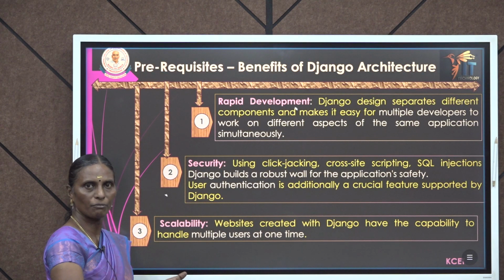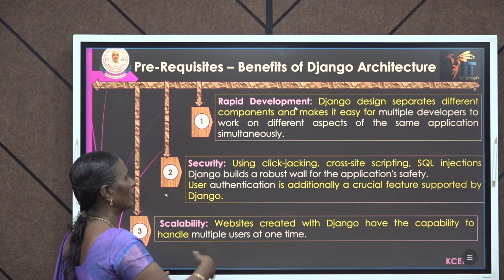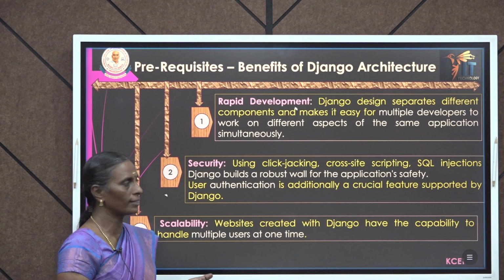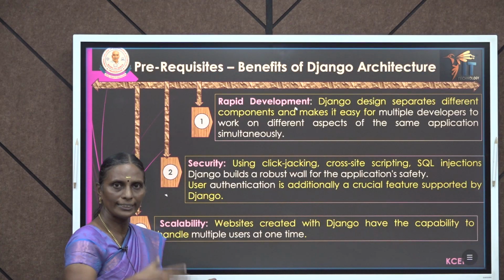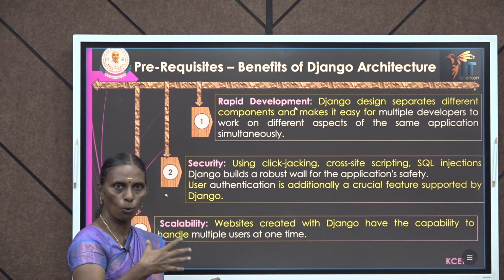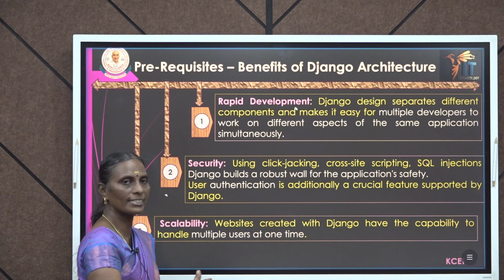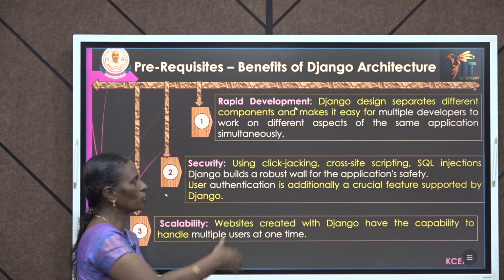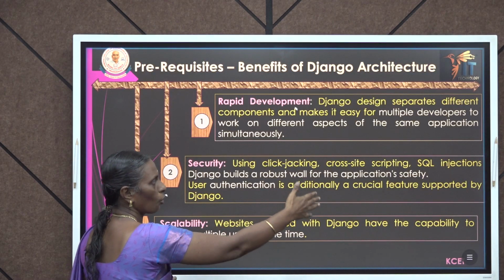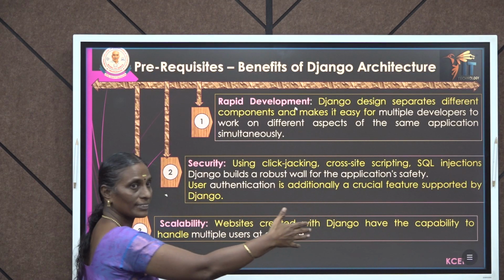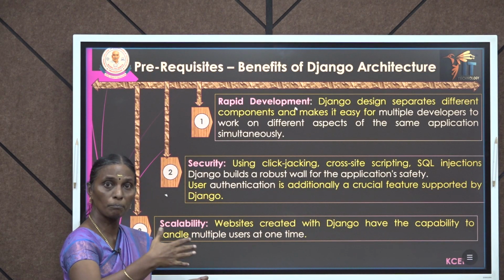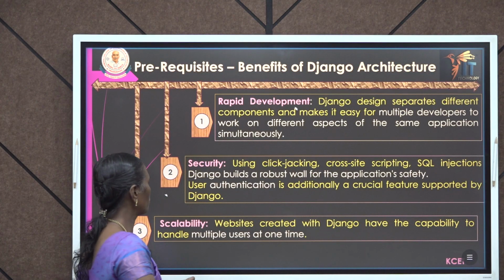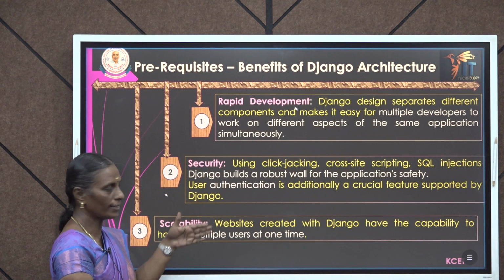Next we have the security concern, because Django builds a robust wall against security risks, as it is inbuilt. Clickjacking, cross-site scripting, and SQL injection are all prevented by default. So that is provided in Django architecture.